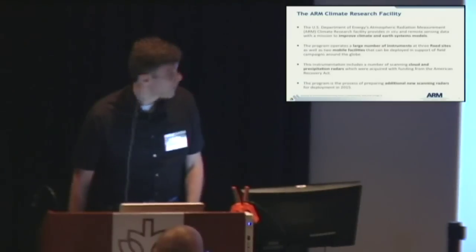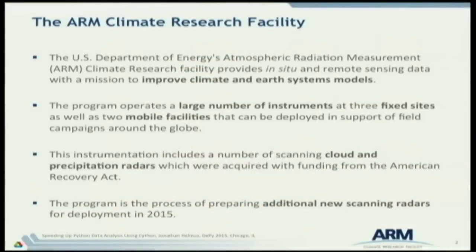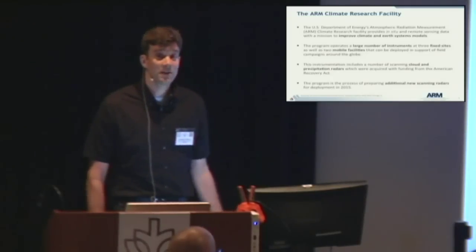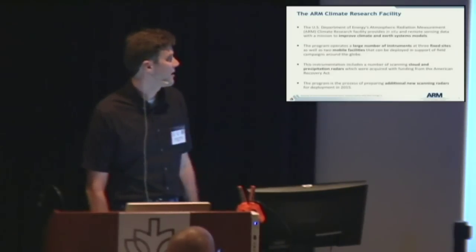So although I work at Argonne, the department that actually pays me is the Atmospheric Radiation Measurement Climate Research Facility, which we call ARM because that's way too much to say to anyone. So this is a United States Department of Energy program which collects data from in situ and remote sensing instruments, looks at the atmosphere, and it provides that information to scientists and researchers with a mission to improve the climate and Earth system models.